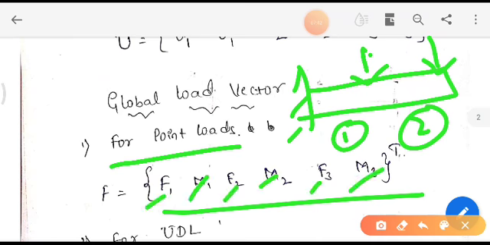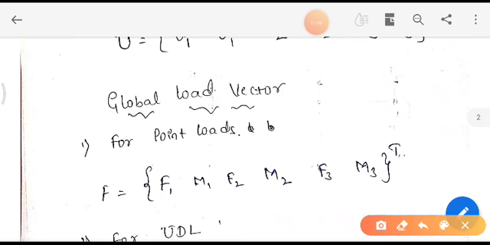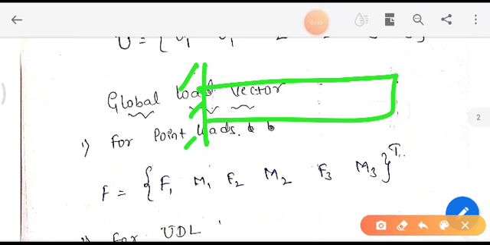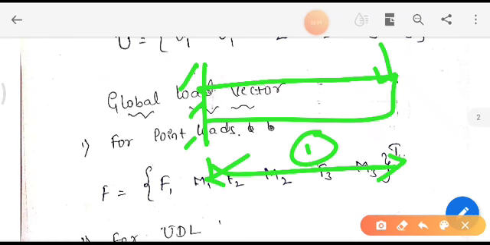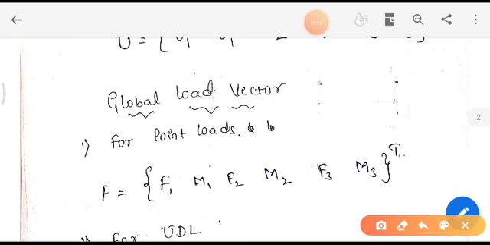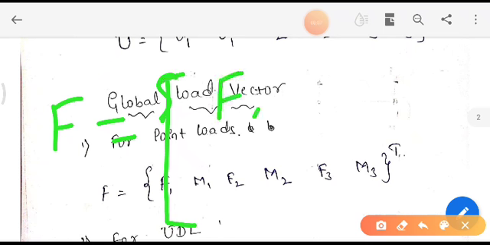If we have only one element, for example, a cantilever beam with a point load at the extreme end, then we define the global load vector F as F1 M1 F2 M2.